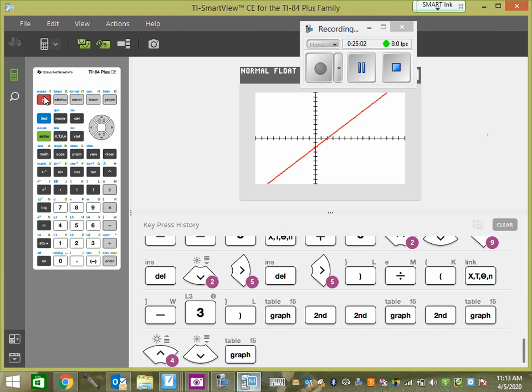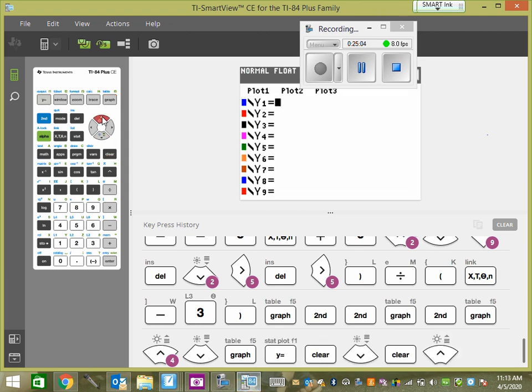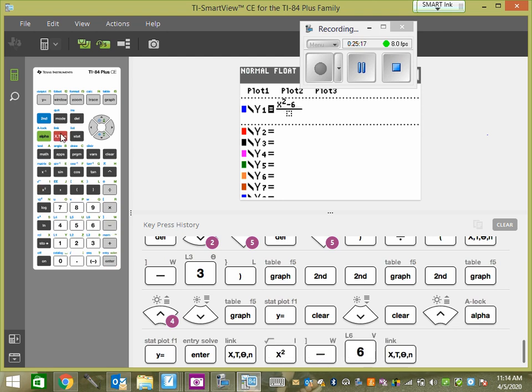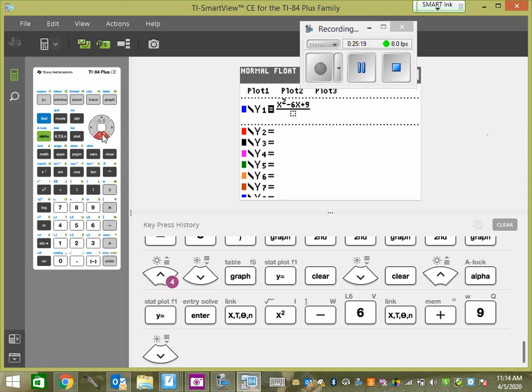So we're going to go alpha y equals, enter, x squared minus 6x plus 9 over x squared minus 9.